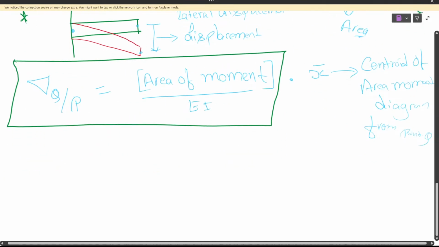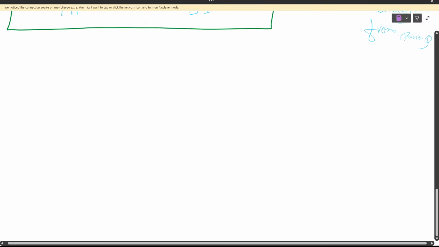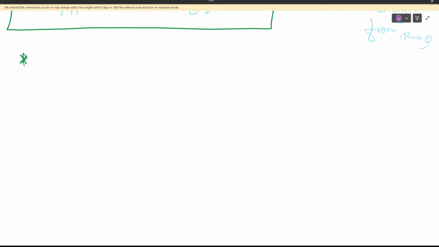Now see the others. This is all the deflection. First was the radius of curvature; the formula is 1 upon R equals M upon EI.